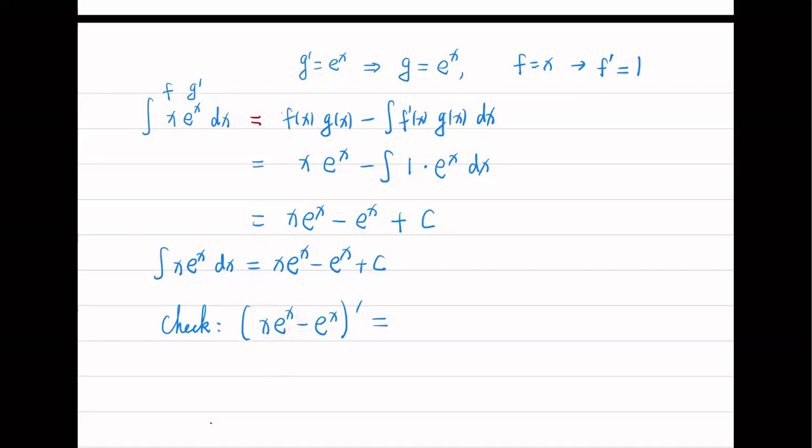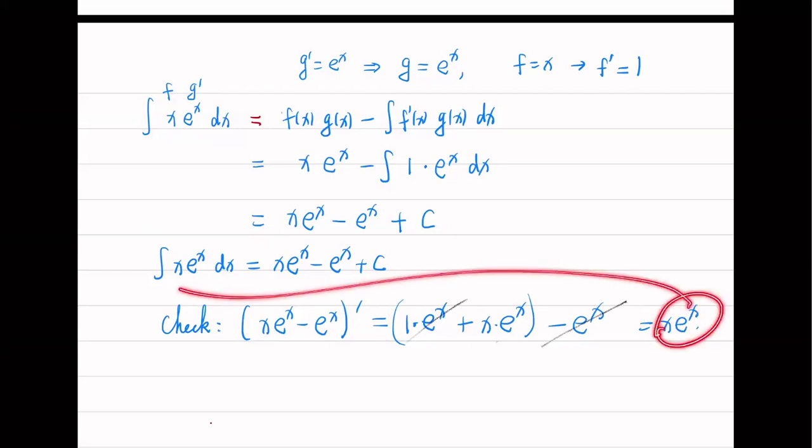So it will be 1 times e to the x plus x e to the x, and subtract e to the x. You can see they cancel with each other and only this is left. And the derivative is what we started with.